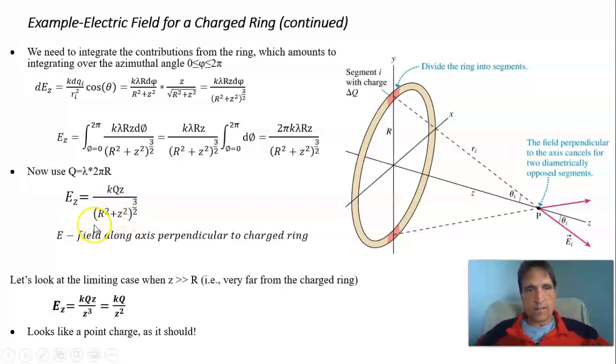So we can neglect the R squared, and we get z squared to the 3/2 power is z cubed. One of the z's cancels out the numerator, and we're left with the electric field is kQ over z squared, and that's just a point charge. So that gives us confidence that we didn't screw up in our derivation. So these limiting cases are always good to look at.